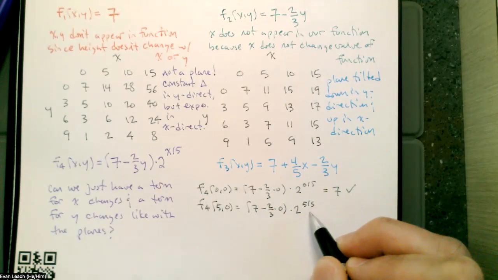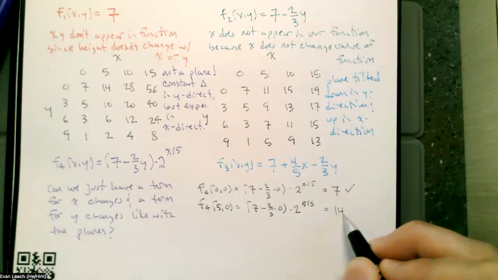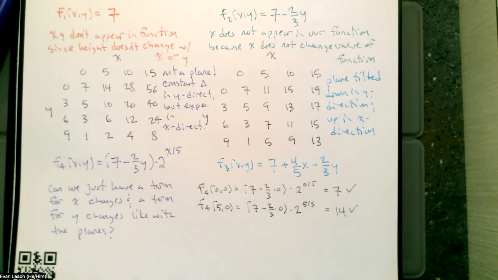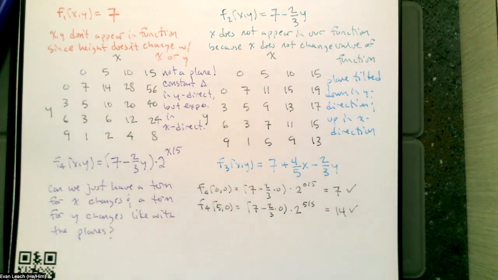So we're multiplying by 2 one time, but we're starting with 7. 7 times 2 is 14, that seems to work. Moreover, we've established the pattern. When y is 0, this seems to work. When y is 0, we're just looking at 7 times 2 to the x over 5. And that's going to produce 7, 14, 28, 56 at 0, 5, 10, 15. So we're pretty sure this is working horizontally, at least for y equals 0.